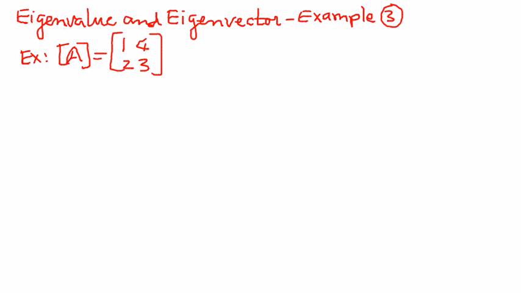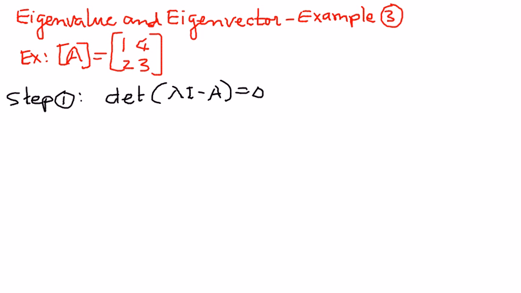So what we know is, let's write these down in different steps. What we know from the characteristic equation of matrix A is that if we let the determinant of lambda I minus A equal 0, then we should be able to write out the polynomial in lambda, and then we can find the values of the eigenvalues lambda.